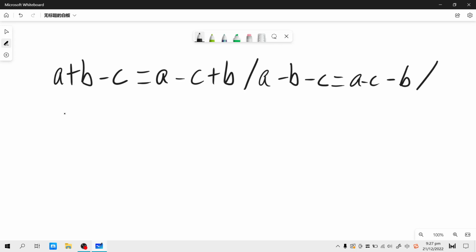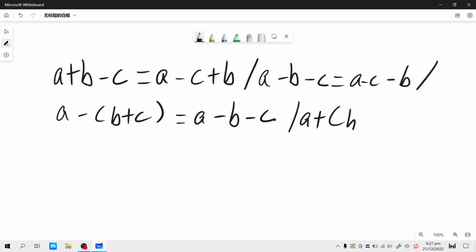The third one: A minus B plus C equals A minus B minus C. Let's move on to the fourth one: A equals A plus B minus C. This is the fourth one, and now I'm going to show you the fifth one, and that's the last one.